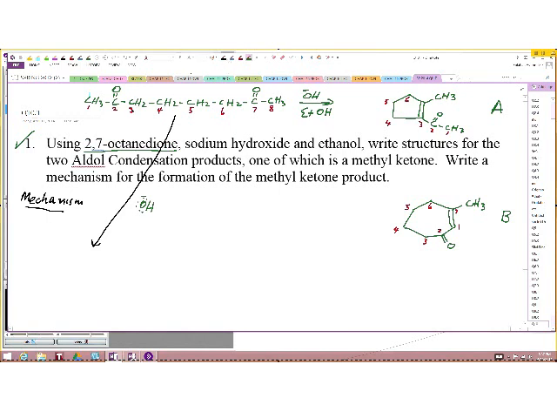Now you guys say to form the enolate on carbon number 2, so let us go ahead with carbon number 3. This hydroxide comes here and grabs this proton here, and in so doing, the proton leaves a pair of electrons on the carbon.